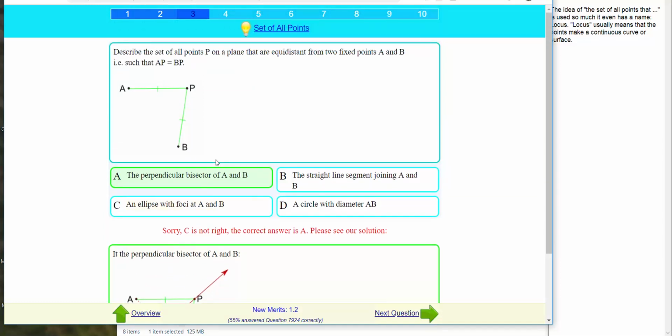Perpendicular bisector of A and B, on a plane that are equidistant from two points A and B, such that AP equals BP.